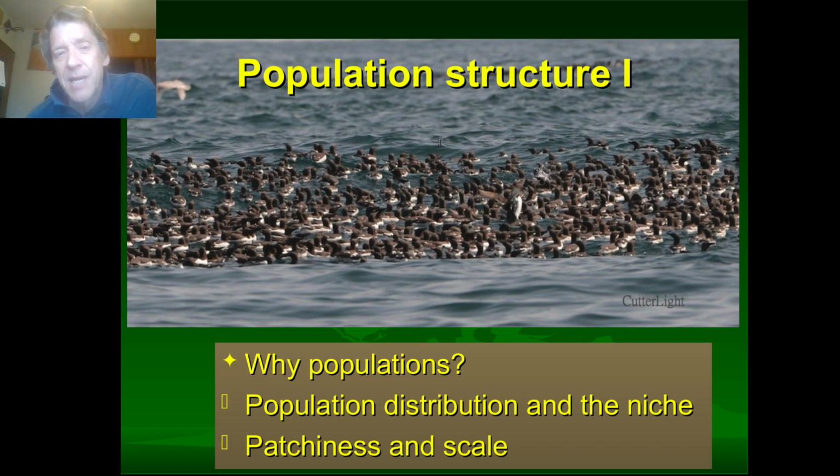Understanding population dynamics is crucial to understanding how species interact with their environment in the present and also over evolutionary time. So population dynamics has many applied uses in conservation, environmental protection, and economics.